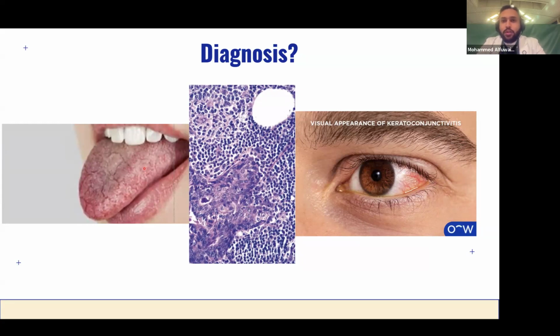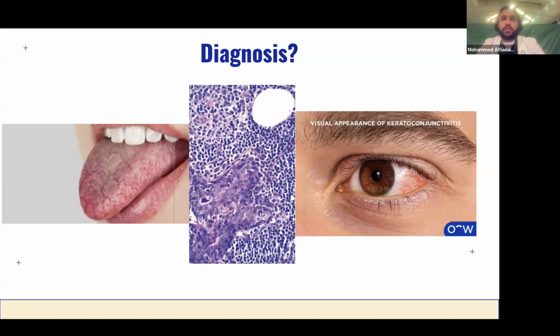How do you diagnose autoimmune conditions? What do you ask for in the lab? ANA. So you do antibody testing. The first thing is ANA, which is highly sensitive but not specific.